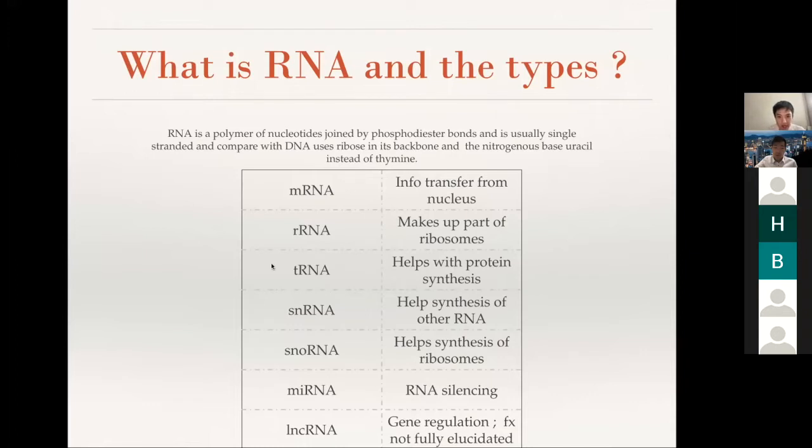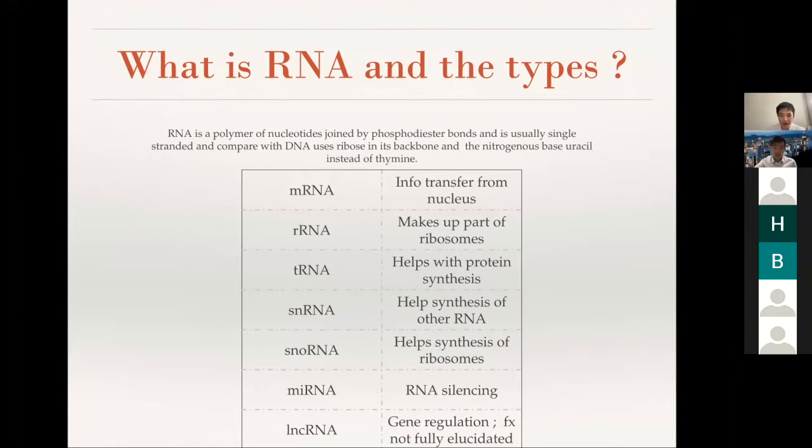And then we have tRNA. tRNA helps with protein synthesis directly. They are non-coding and carry amino acids directly to the ribosome. They are about 18 nucleotides long and take a clover leaf shape. Now we have snRNA, or small nuclear RNA.